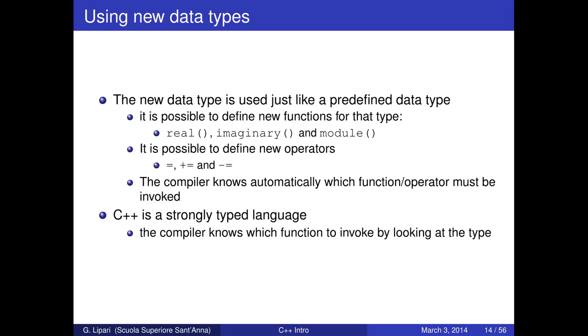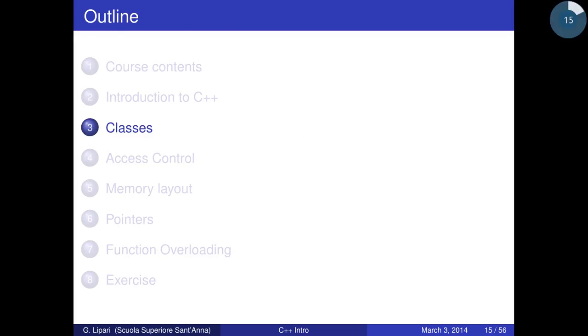C is a much more loose language from this point of view, because types are important but not so important, so you can go around the typing system very easily. C++ instead is much more strong from this point of view, because types are really important in C++ for many different things. Okay? So let's go a little bit more formally into the notion of class in C++.